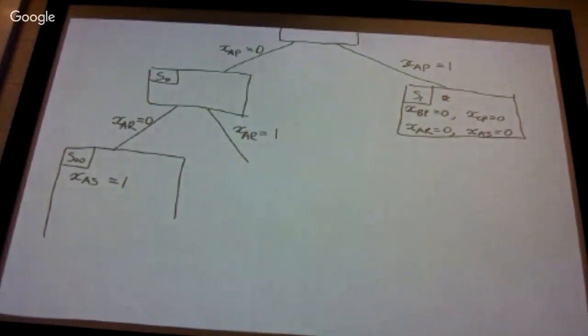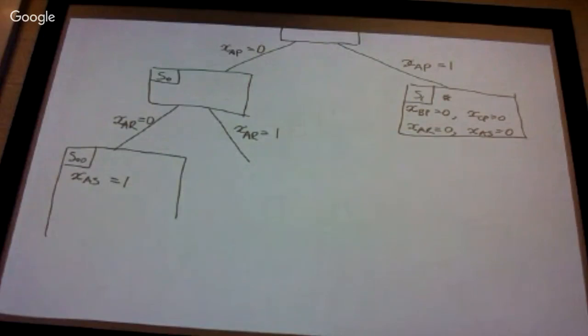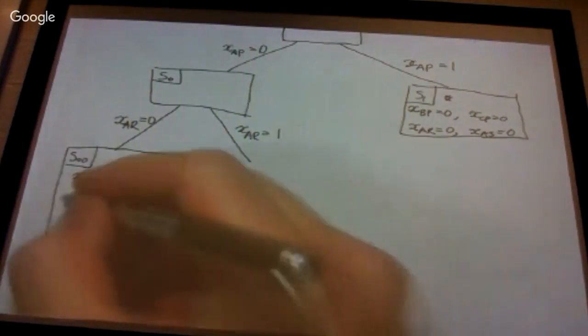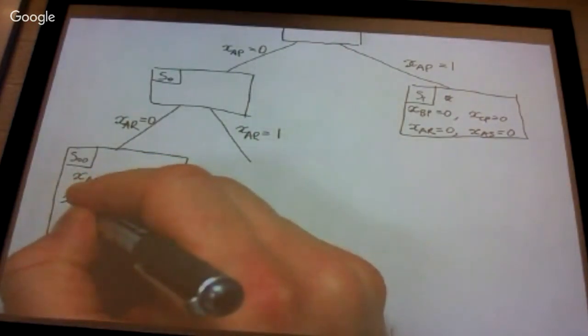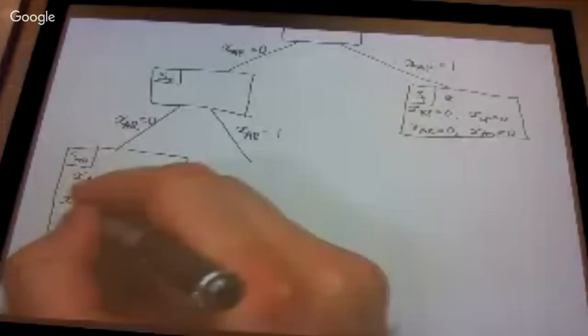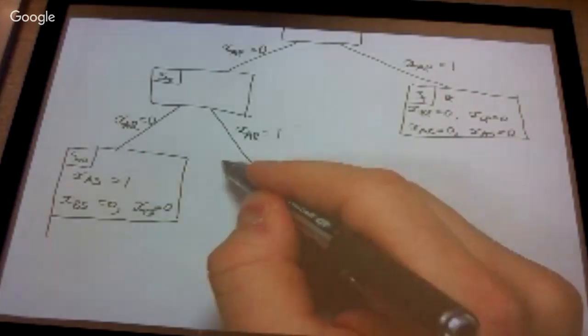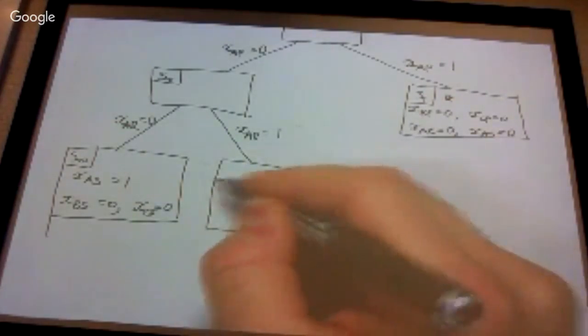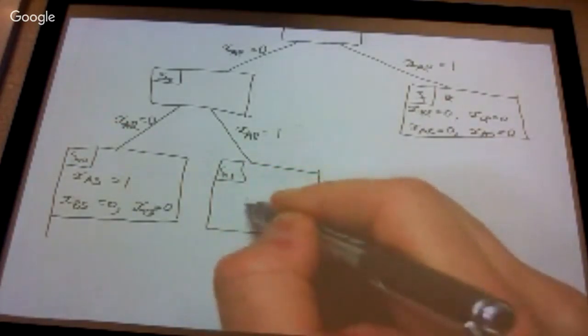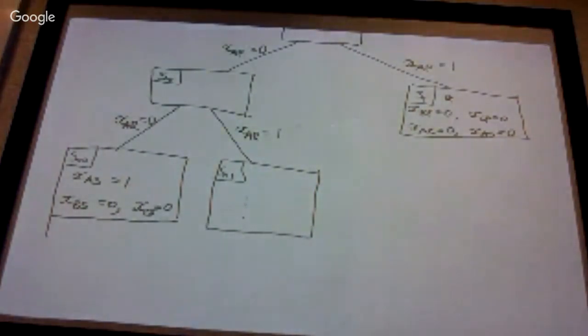And because XAS is 1, that means Sean is getting Alice, so Sean can't marry anybody else. So here you get XBS is 0. There you'd have something else, and I don't want to go through all of this. There are some other things that you know.